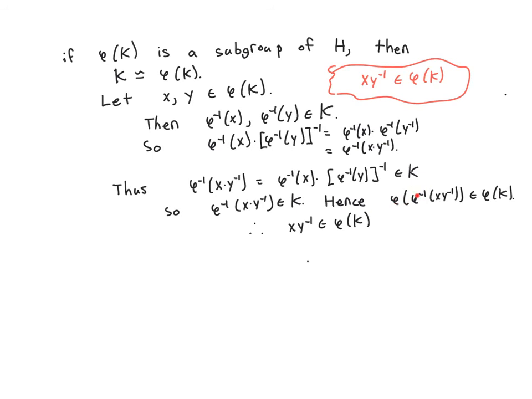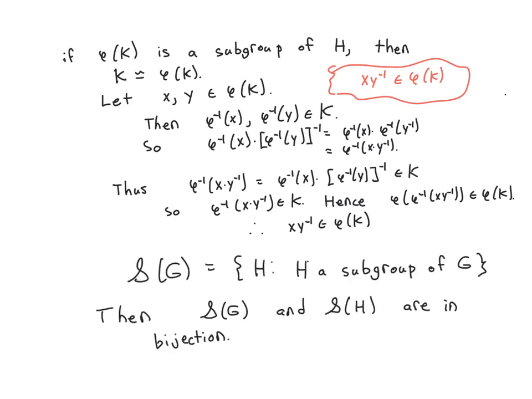Phi composed with phi inverse cancels, so we now find out that x y inverse is in fact in the image. This is a complicated trick to use the inverse function and properties of bijections. There's an alternative argument we'll see in a later video. But this is an alternative approach that can be used specifically because we have a bijection.